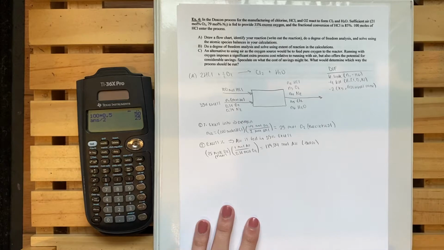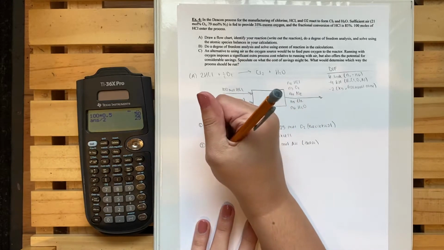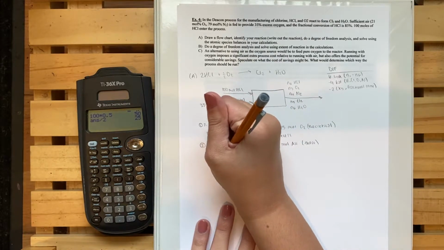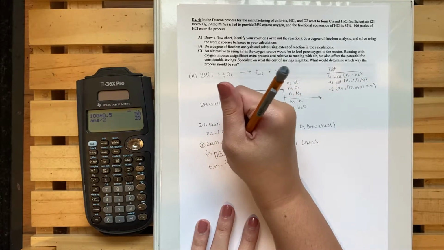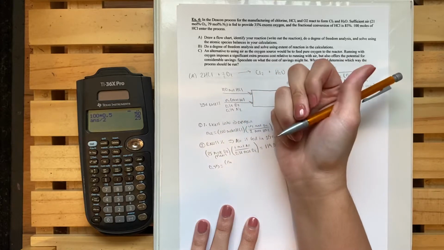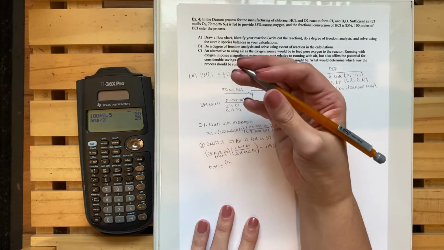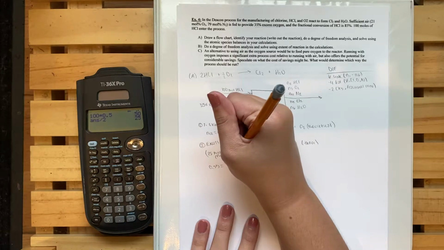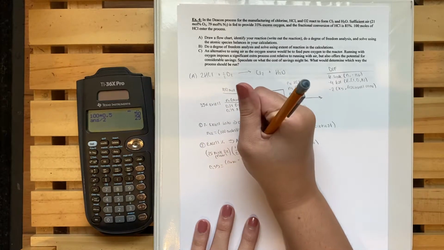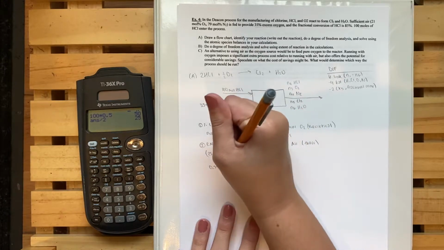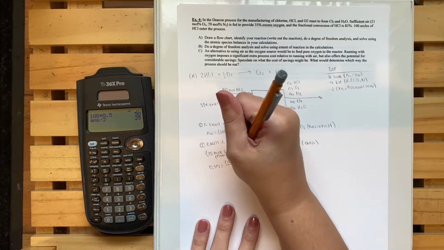Again, this is theoretical. And then we know that we are feeding to the process 35% excess, so we can use our percent excess formula to figure out how much air we are actually feeding to the process, with that being in 35% excess.